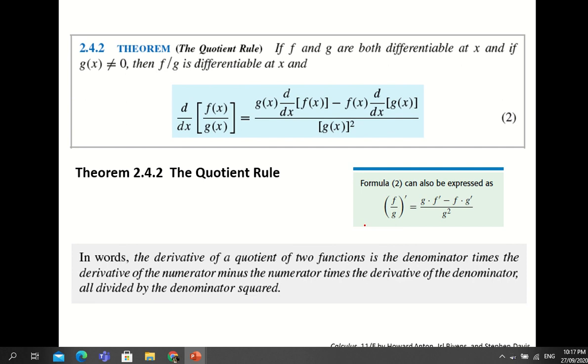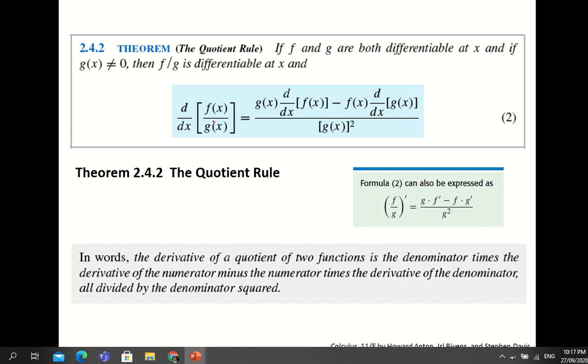Then the next one is the quotient rule. If the function f and the function g are both differentiable at x, and if g of x is not equal to 0, then the ratio between f and g is differentiable at x.